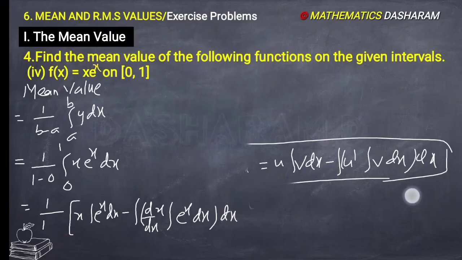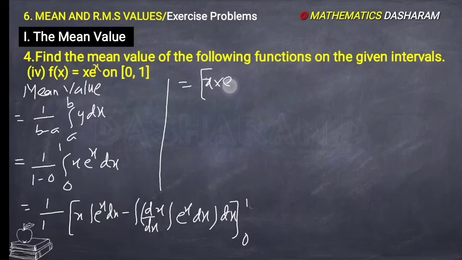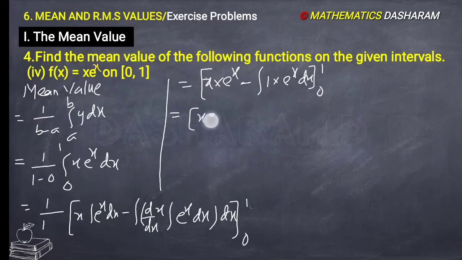So then it is equals to, here the limits are 0 to 1. So x into integration of e power x is e power x, minus integration of x is 1 into e power x dx, 0 to 1. So it is equals to x into e power x minus integration of e power x is e power x, 0 to 1.